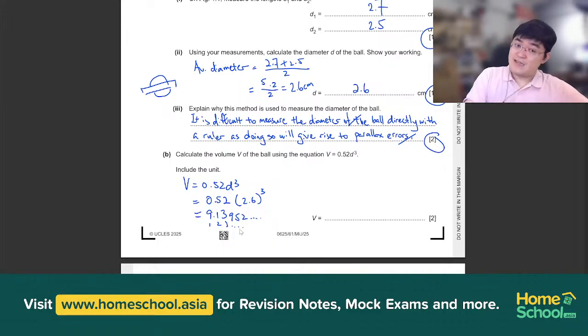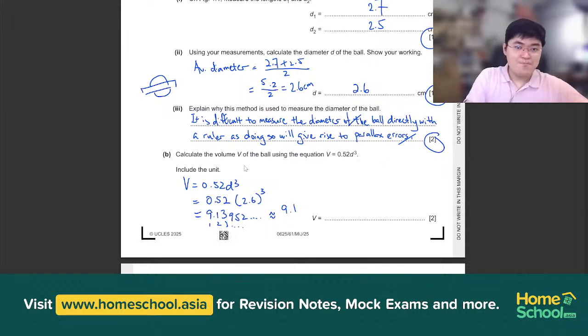And if this number, let's say is 8, it is larger than or equal to 5, we round upwards. Since this is 3, which is lower than 5, we round down. So the answer should be, we write this squiggly equal sign, which means approximately equals to 9.1.